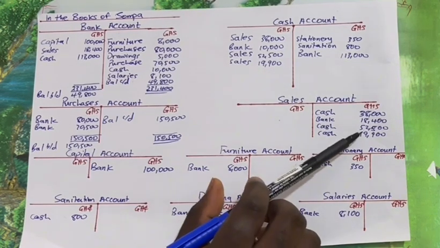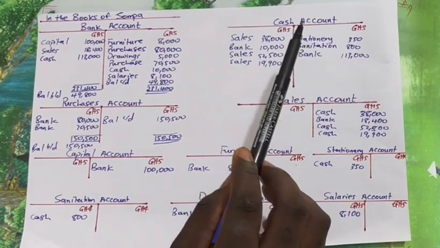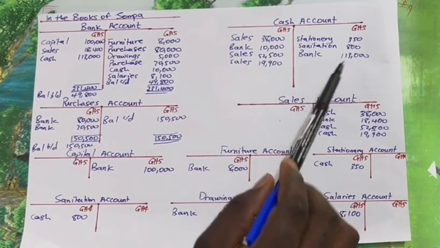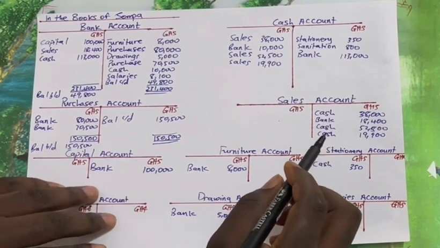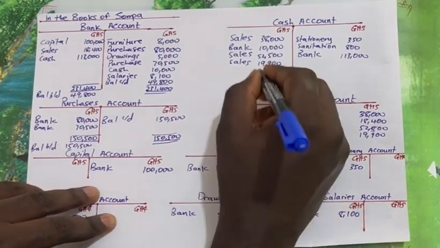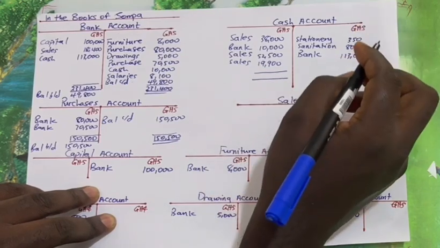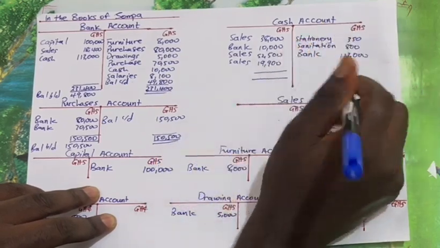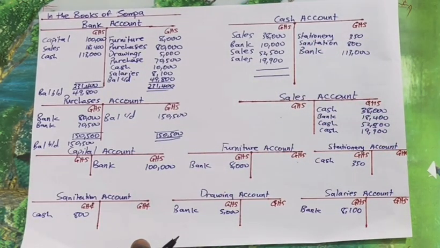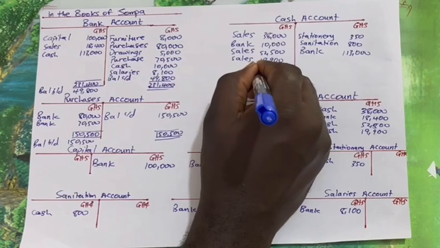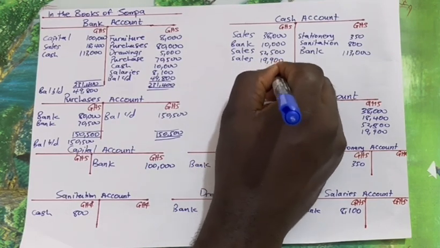So now we have to close for the sales and the cash account. Let's do the cash account first. For the cash account, I'm sure the totals will be here. So the balance BD will be at the credit side. I'm sure we'll get a positive balance. So the total for the debit side is 120,400.